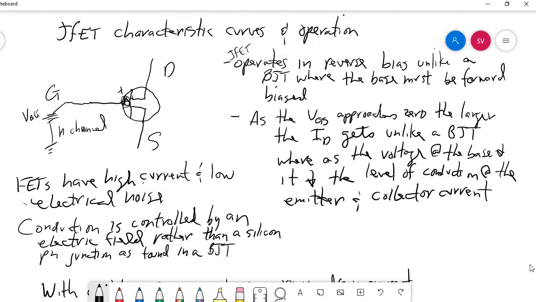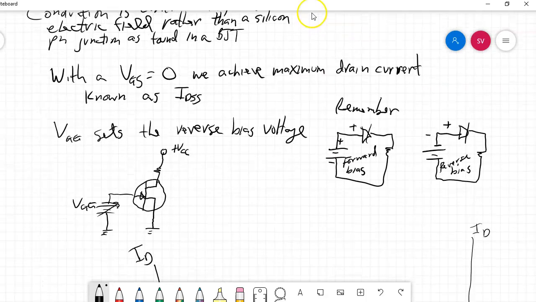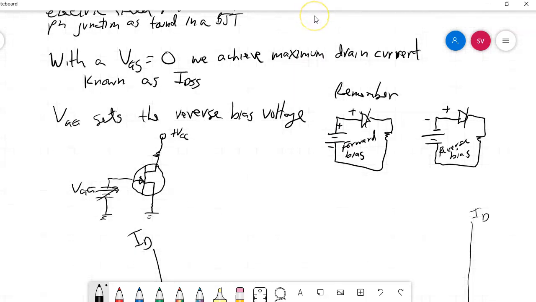Field effect transistors have high current and low electrical noise. And the conduction is controlled by an electric field rather than a silicon PN junction as found in a bipolar junction transistor. Those are several main differences between a junction field effect transistor and a bipolar junction transistor.